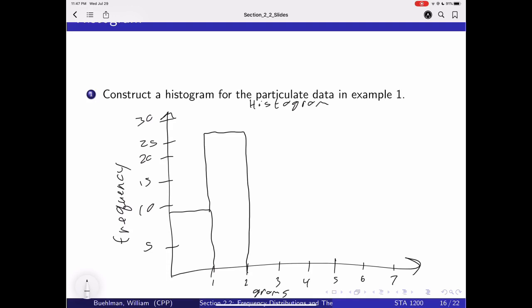Now the next one had a frequency of 11. So again, there's no space. Then 13. Then we had 3, 1, and then 2. So we can see here, it looks a lot like a bar chart. We just smushed it all together.